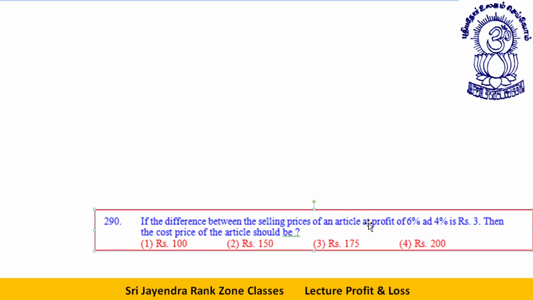The difference between the selling price of an article at a profit of 6% and 4% is rupees 2. The cost price of the article should be C, student. Difference of 6% profit and 4% profit is actually 2%.